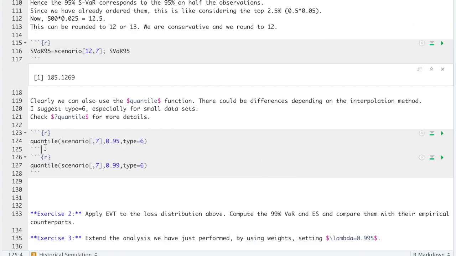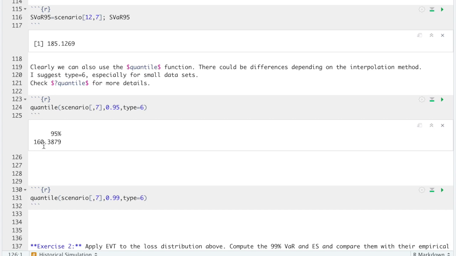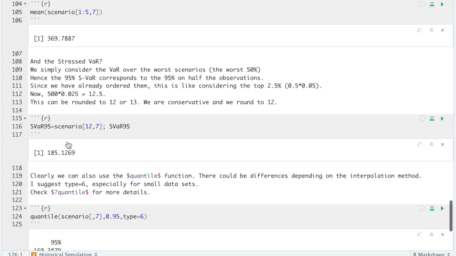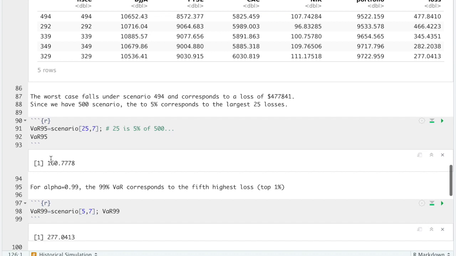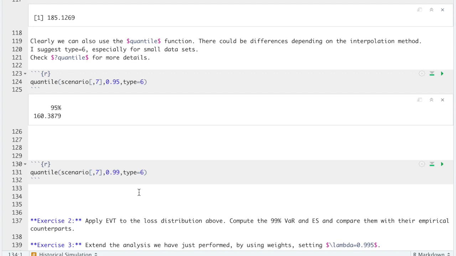So we ask our code to compute for us the value at risk at the 95% confidence level, and what we get is a value of 160,000, which is actually, you see, very close to what we have computed using our manual procedure. It's not exactly the same because in the quantile function, nevertheless, you interpolate.